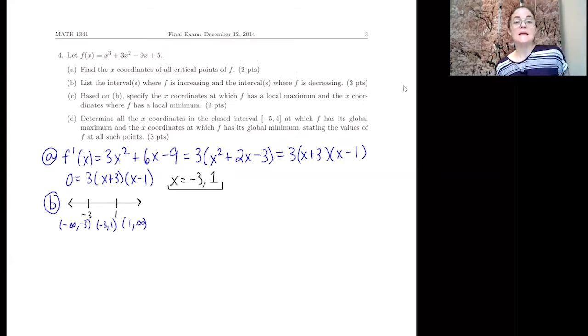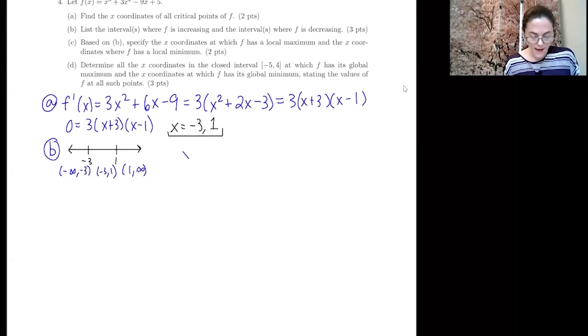Very nice. Now we test the derivative because we know when the derivative is positive, the function is increasing. When the derivative is negative, the function is decreasing. So what I will typically do is make a little chart. I'll have x.